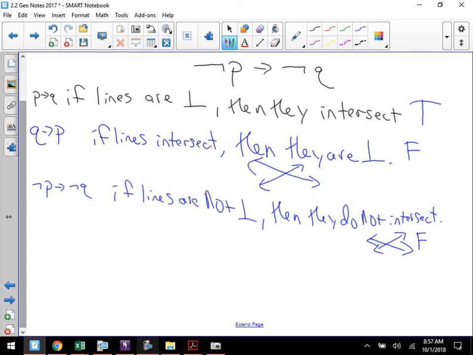So if you go back to the converse, if lines intersect, then they are perpendicular. I would say if lines do not intersect, then they are not perpendicular. See, I'm just putting the word not in there. Right, that's true.